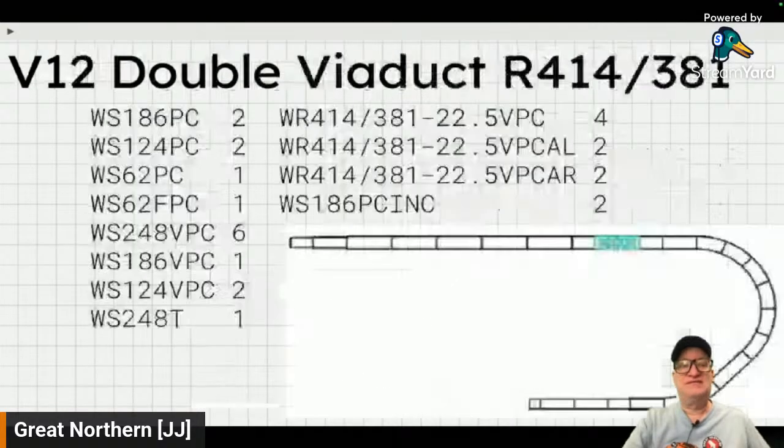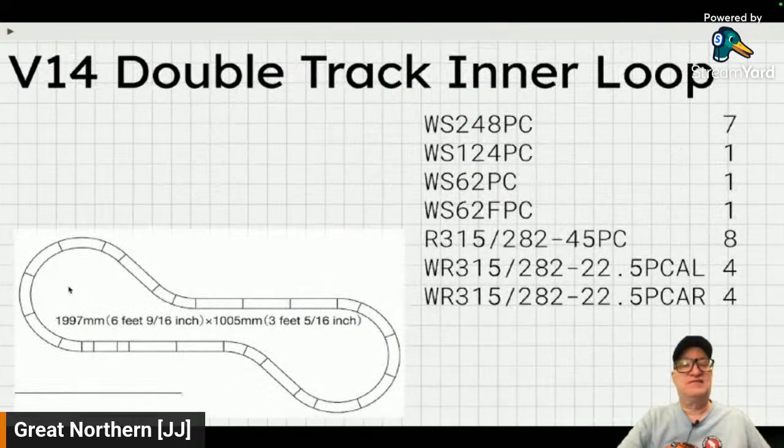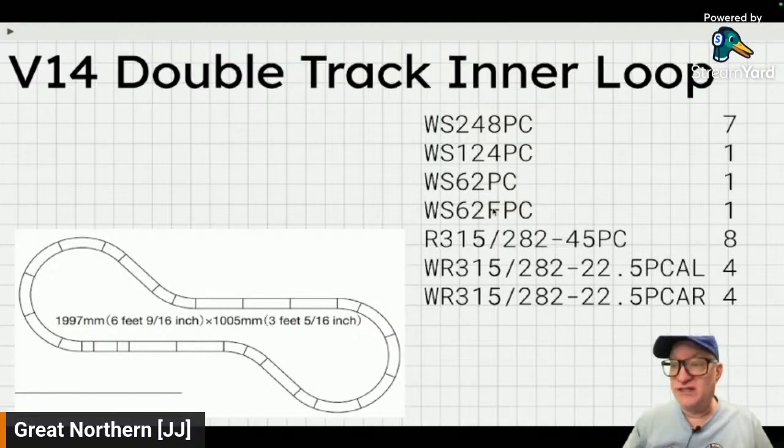V11. So double track inner loop, this would sit inside of there. And you also notice it comes with a feeder. So this is all you need to run 2 trains there.